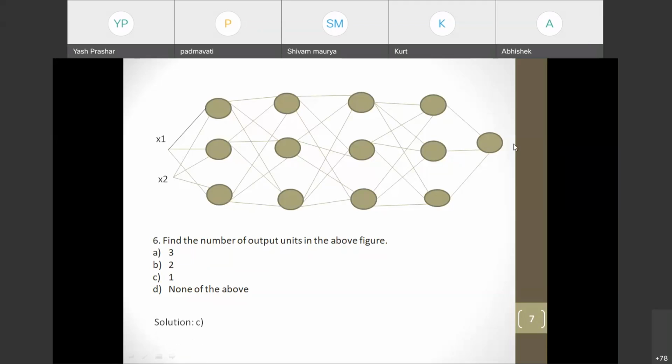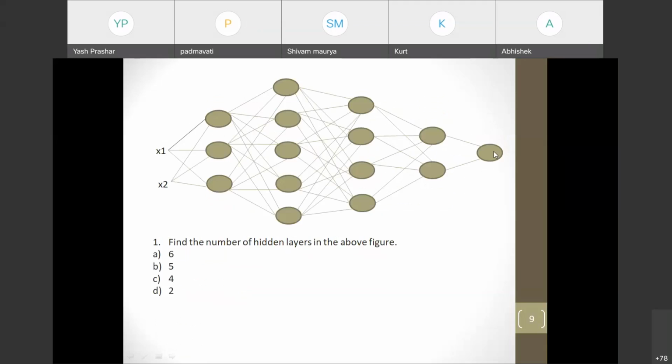Because we only have one output unit. Ma'am, 4. It should be 4. The answer is already there.